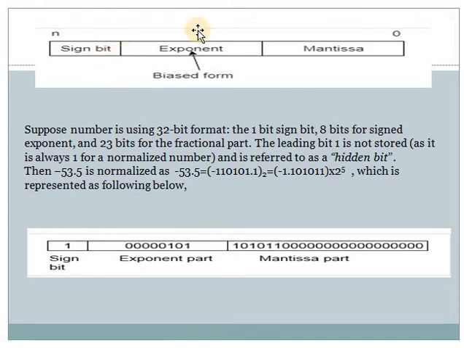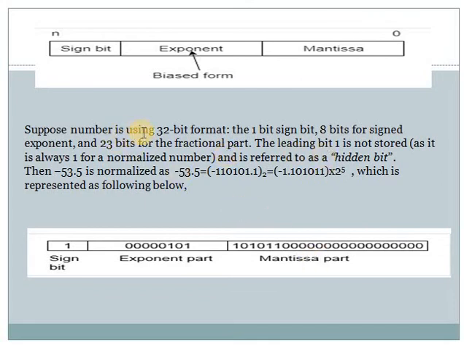The mantissa will occupy 0 to 22, that is 23 bits. The exponent will occupy 23 to 30, and the sign is bit 31. Here it is given as n. If it is 32 bit, the mantissa occupies 0 to 22, and bit 31 is for the sign. If n is 64, it will be double.